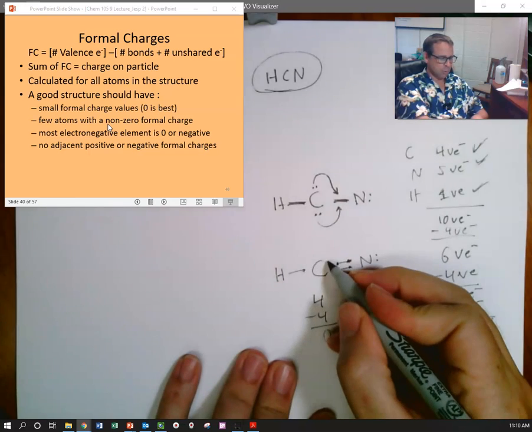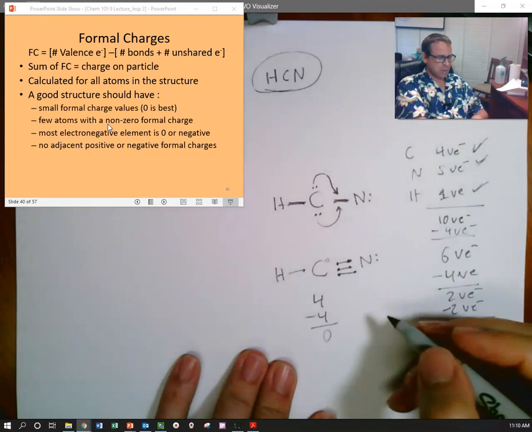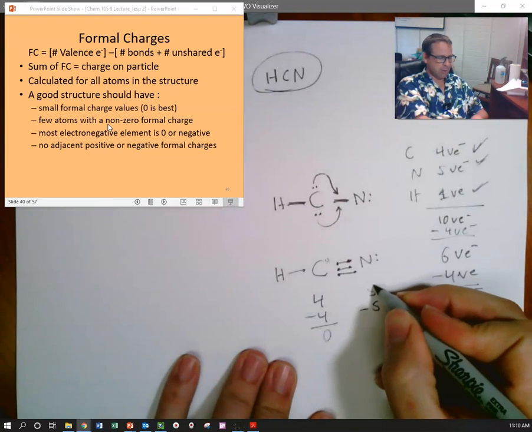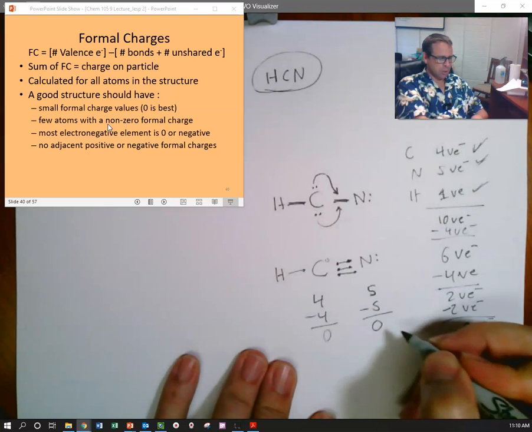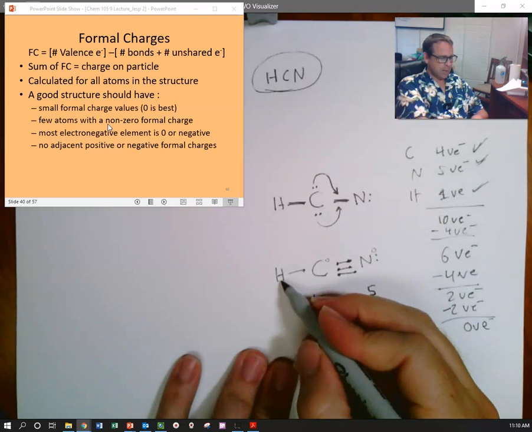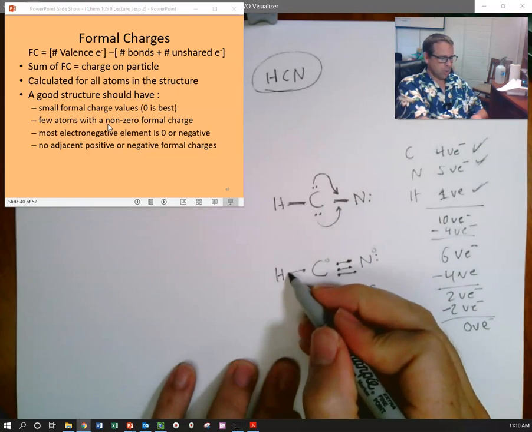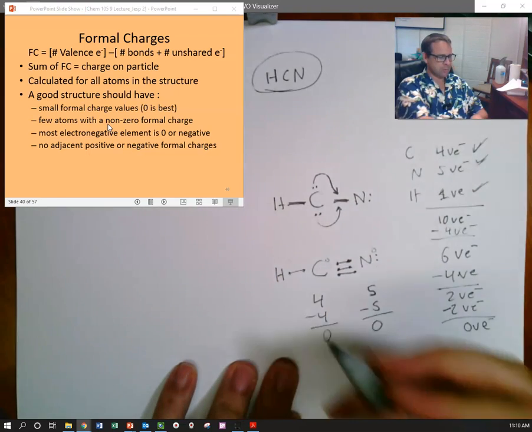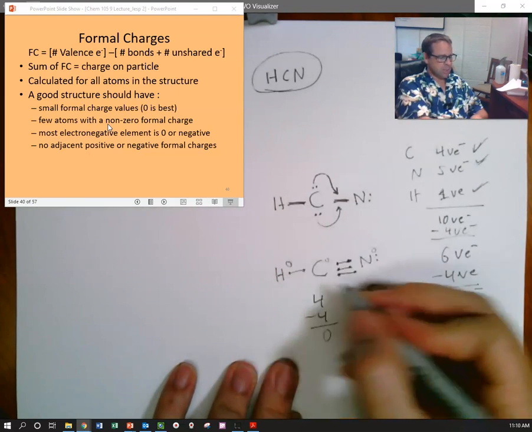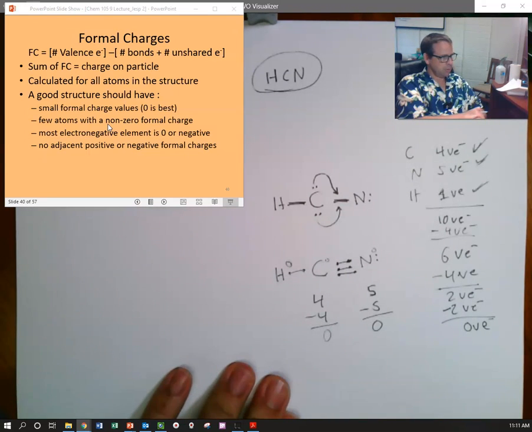So that's a formal charge of 0. Nitrogen brought 5, and 5 are right around it, so the formal charge is 0. Hydrogen brought 1, 1 right around it. Again, formal charge of 0. So this is an indication that this molecule is stable and a likely candidate for this compound.